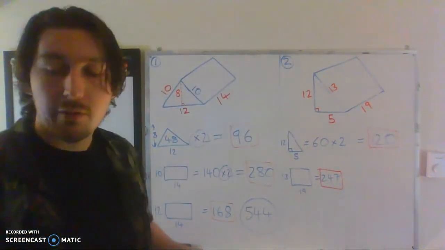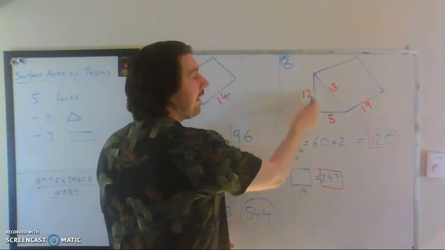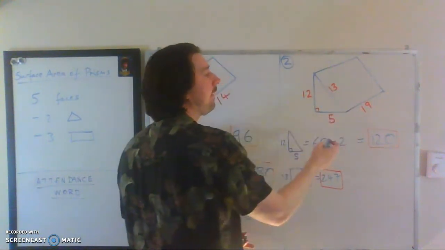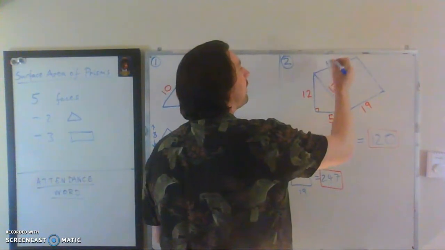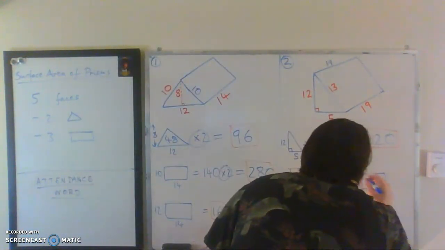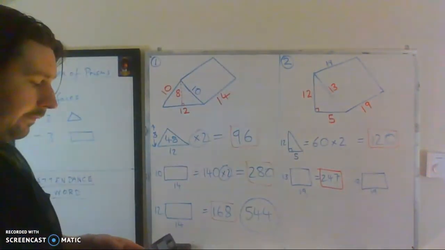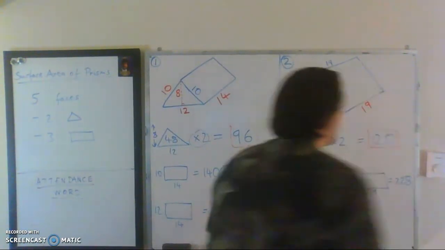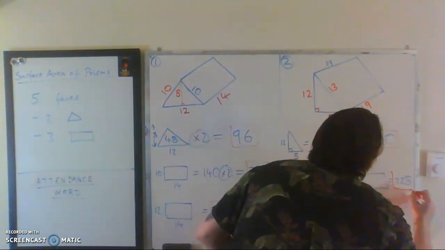What about the rectangle we can't see on the other side here? It would be 12, and if that's 19, that'll be 19. It will be 12 and 19. So 12 times 19 gives me 228. That's going to be another number that I'm adding to get my final answer.